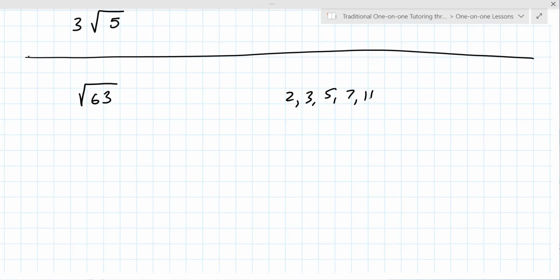Okay. So for 63, 7 goes into 63 by 9 times 7. You're not supposed to start with 7. You're supposed to start with 2. Does 2 work? It has to be in order.